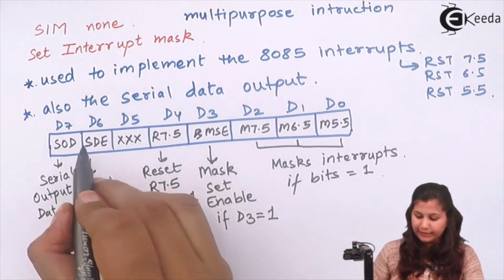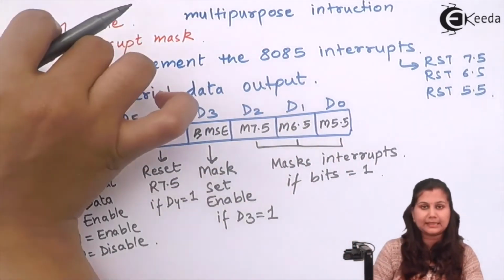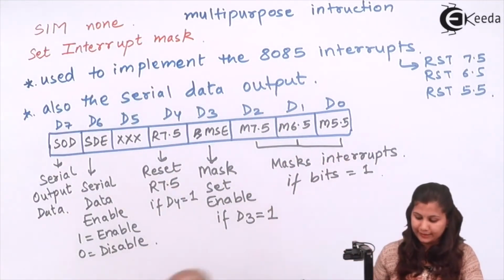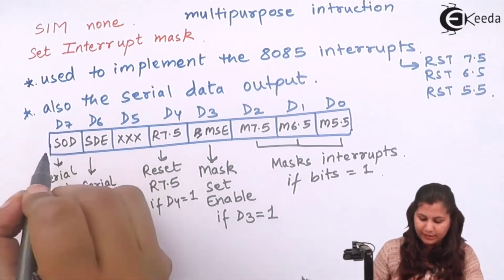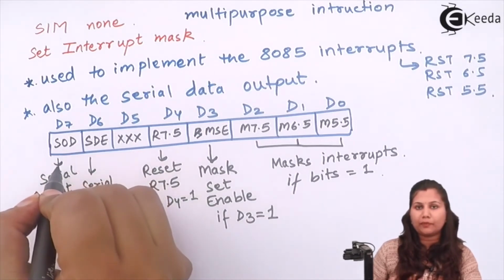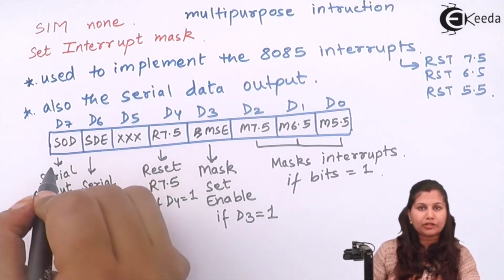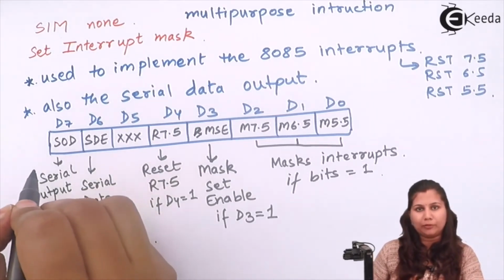So the 8 bits of the accumulator are defined by this SIM instruction like this. The most significant bit, D7, is the serial output data. When the microprocessor is performing serial data communication, the bits will be input and output from the microprocessor.